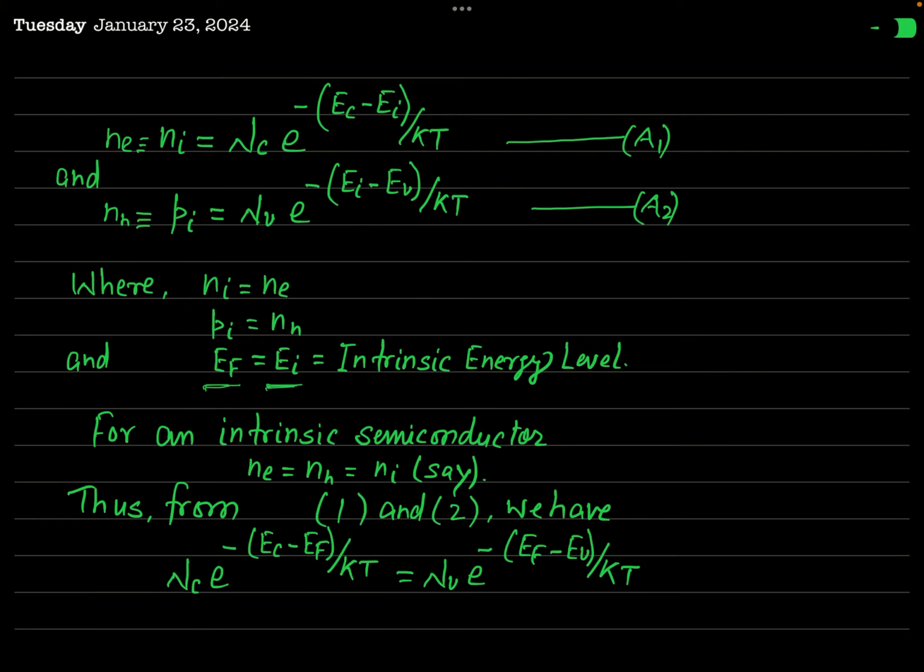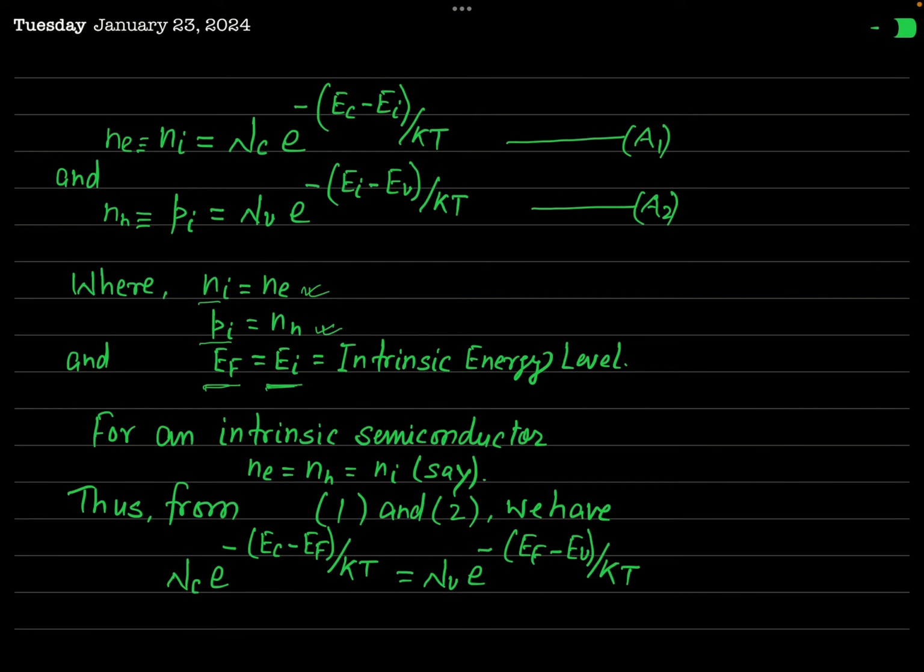At the same time, for Ne, which represents the concentration of electrons in the conduction band, we will now use the symbol Ni, and for Nh, which represents the concentration of holes in the valence band, we will now use the symbol Pi. So this subscript i is used for the intrinsic semiconductor.